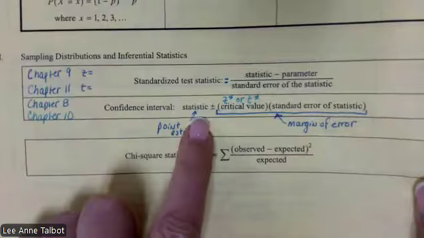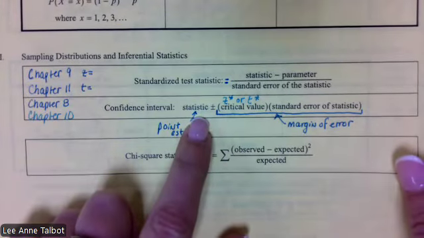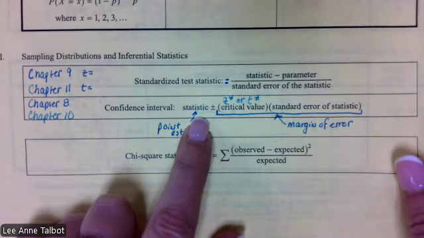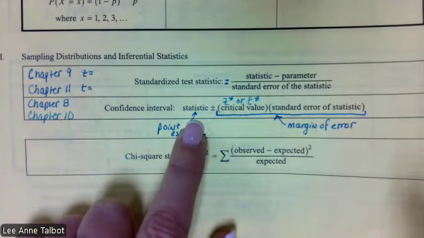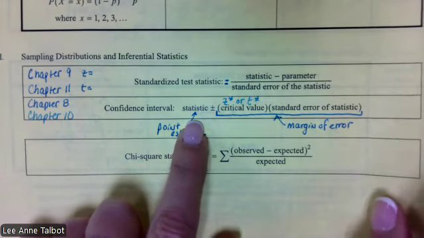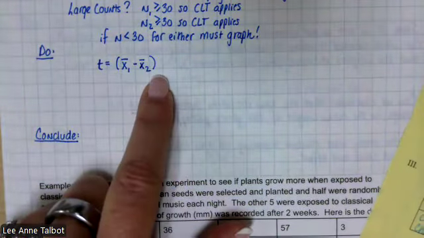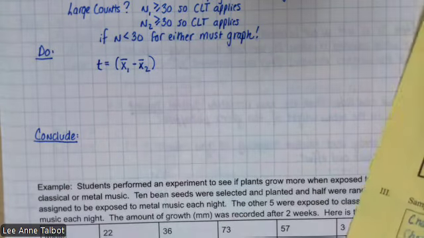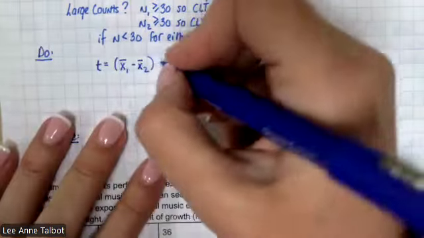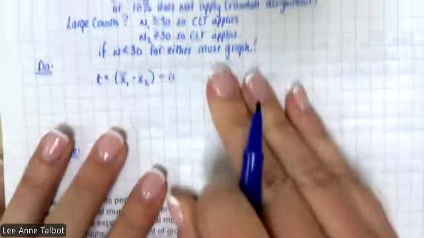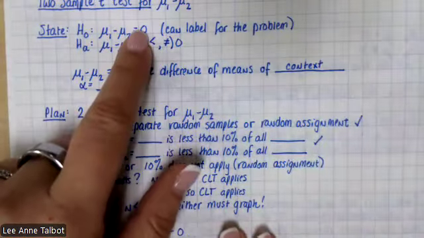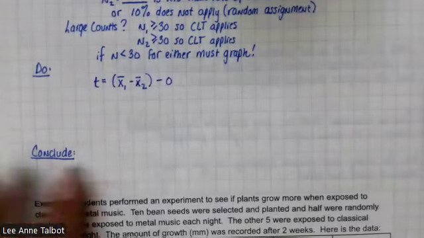Same thing when you're doing chapter 10, maybe tomorrow at this time, and you're doing the statistic in the front of the confidence interval. That is one number, that is X bar 1 minus X bar 2. Just throwing that out there. Okay, anyway, the parameter is 0 because that is what was in your null hypothesis, that there's no difference.